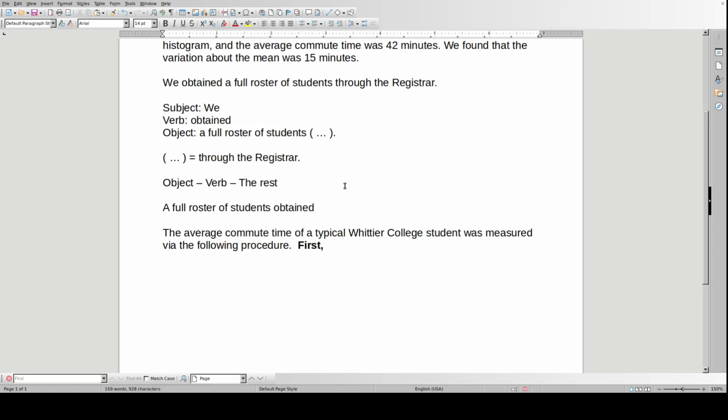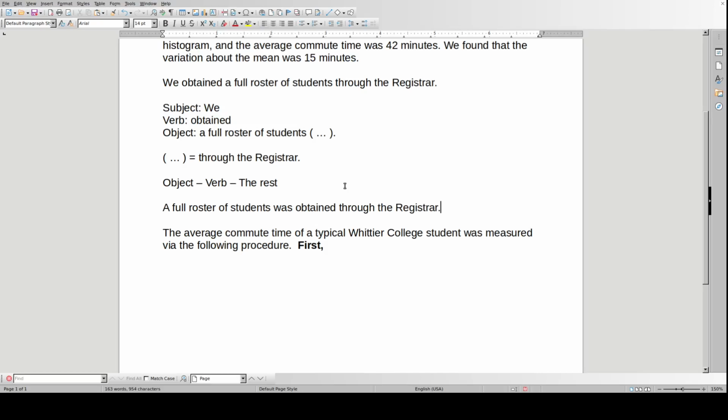So now that's object, verb. So the passive form, a full roster of students obtained, and we probably need to conjugate that into the past tense correctly. So a full roster of students was obtained through the registrar. So the parenthetical rest of the sentence can remain where it is, through the registrar.